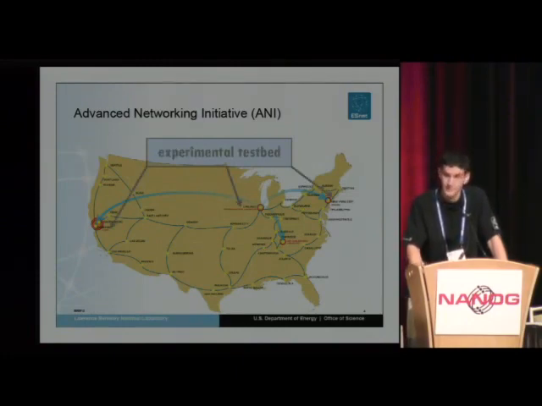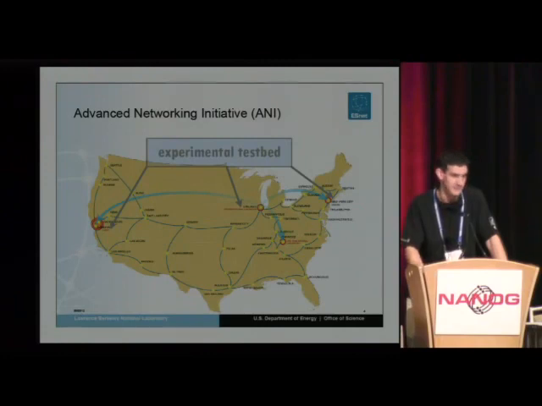Finally, we have an experimental testbed that's deployed at three locations, at NERSC, Argonne, and Brookhaven. This basically consists of high-performance hosts that are capable of sourcing and sinking traffic at up to 100 gig per second. We have a bunch of OpenFlow switches, virtual machine hosts, OpenFlow controllers, conventional routers and switches, all sorts of things that you might want for doing different types of research on networks, even some layer 1 optical gear.